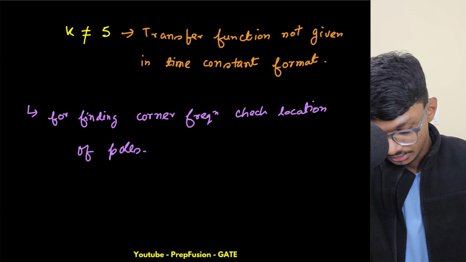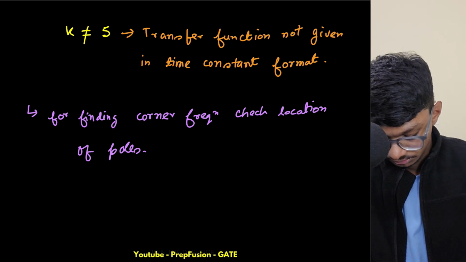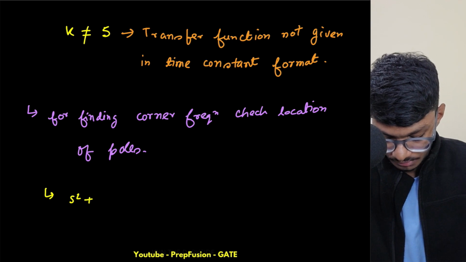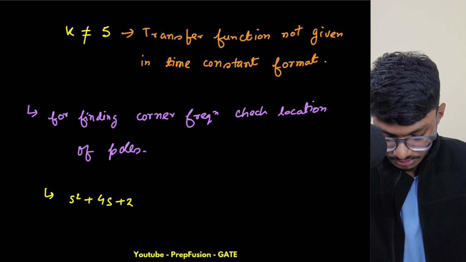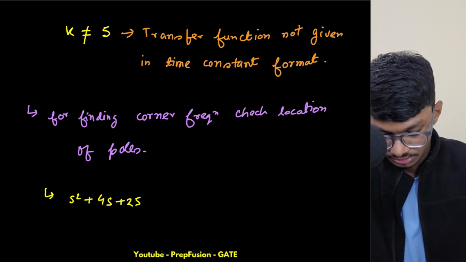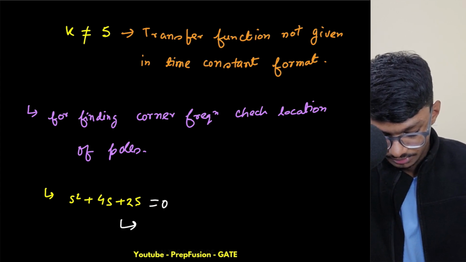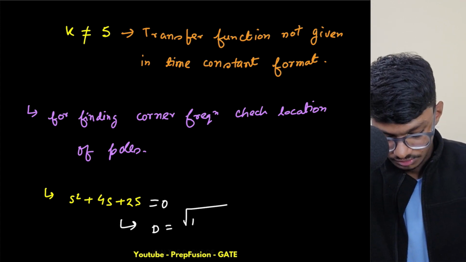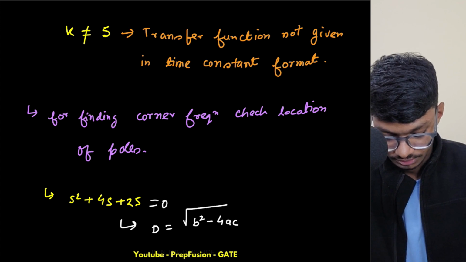So here, in this s square plus 4s plus 25, the discriminant D equals b square minus 4ac.